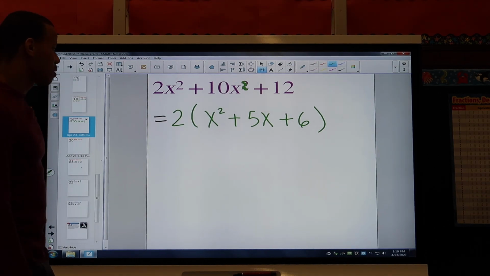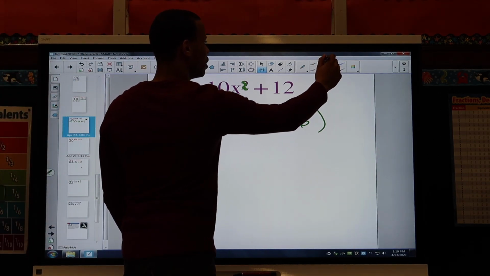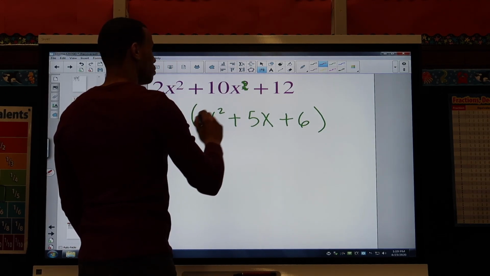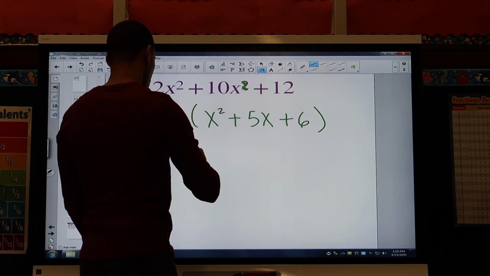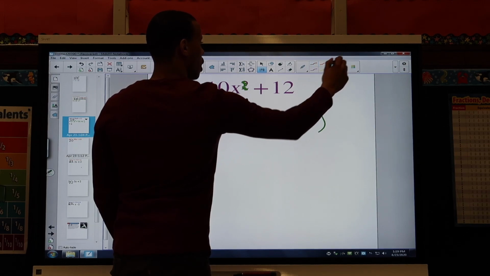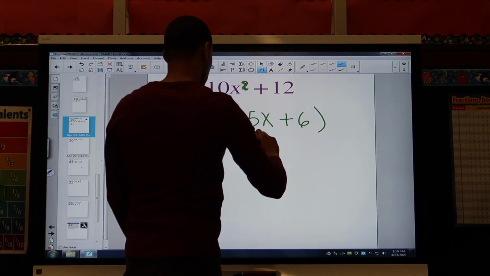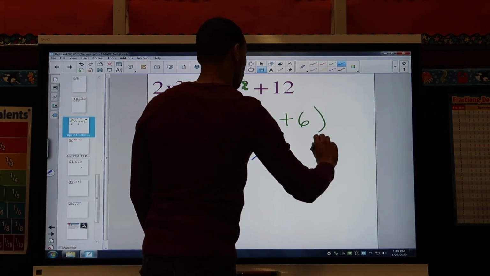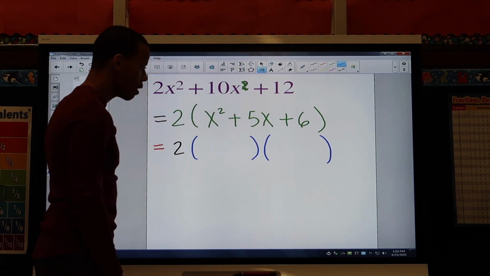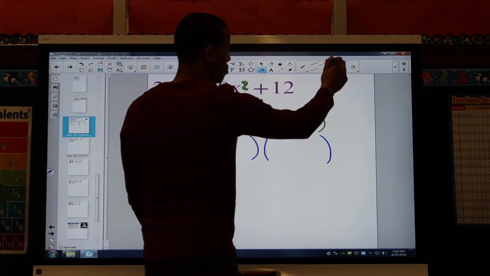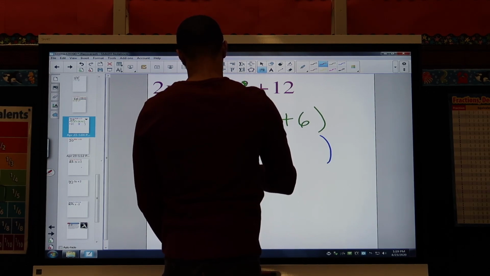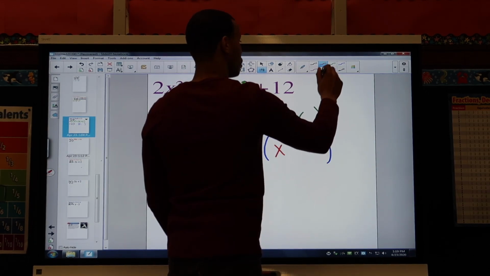There we go. So now, this will be equals 2. I know what the function looks like after I factor it out. So this will be x, and this will be x.